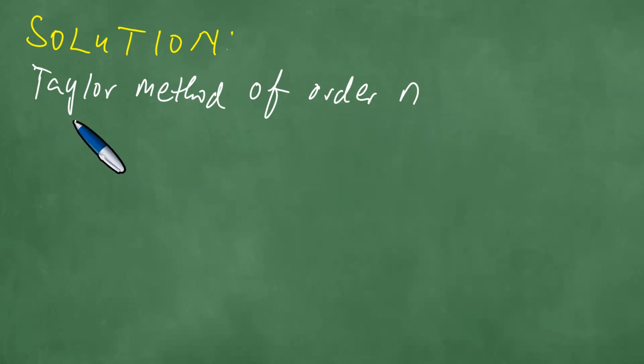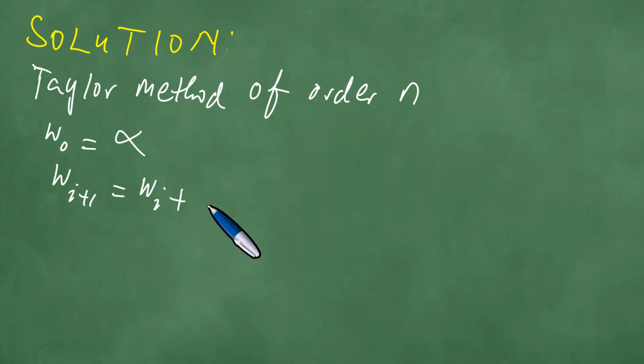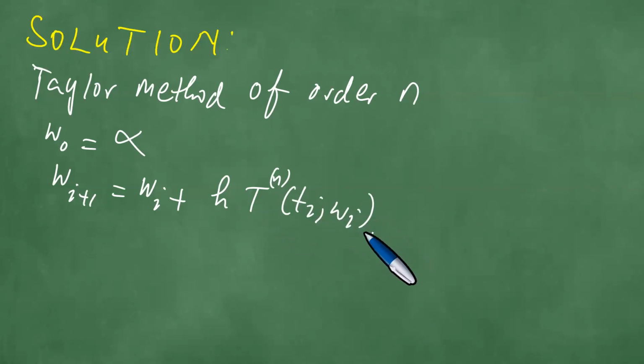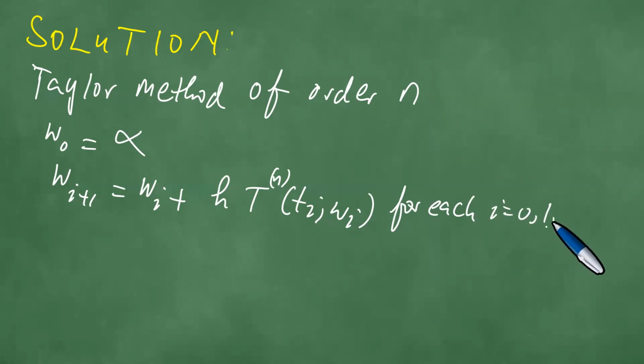I'm going to set it in terms of w, but we can change to the y's. So we said w0 is alpha, and then w i plus 1 is wi plus h T^(n)(ti, wi), for each i equals 0, 1, up to n minus 1.